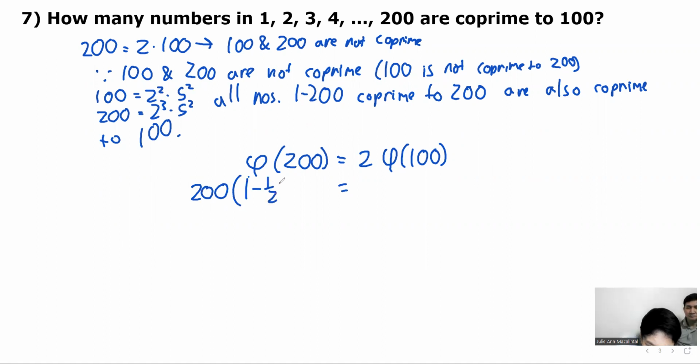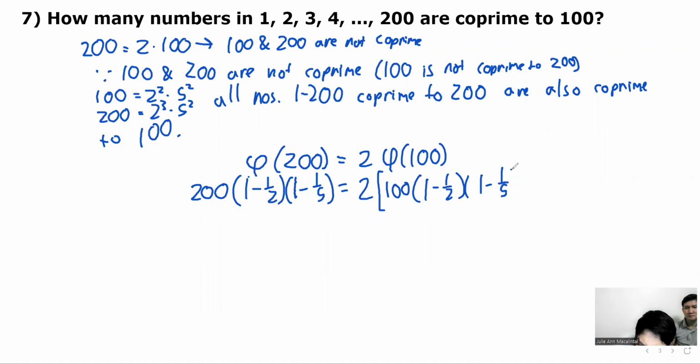1 minus 1 over 2, 1 minus 1 over 5, 200 times 1 minus 1 half, 1 minus 1 fifth. So 200 simplifying times 1 half.